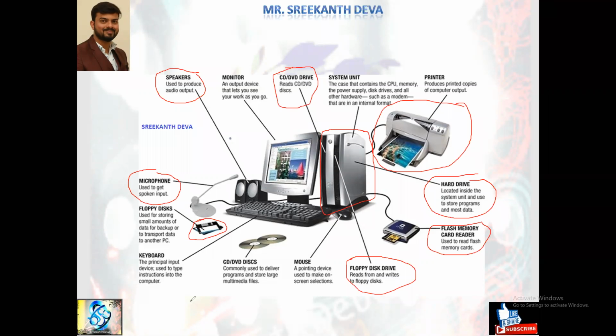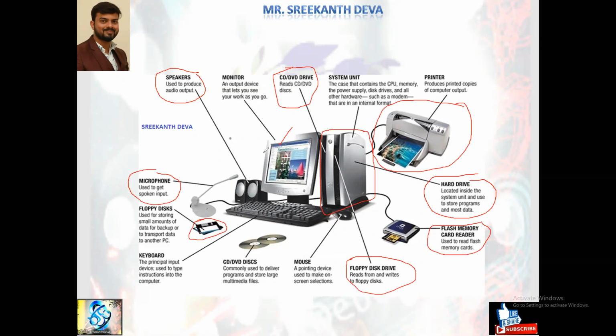So this is a basic introduction to the components of a computer, okay. Everyone is familiar with computer components, like several components are there. Majorly it categorizes into hardware and software. Coming to hardware, input devices are there, output devices are there, like keyboard, mouse, microphone.